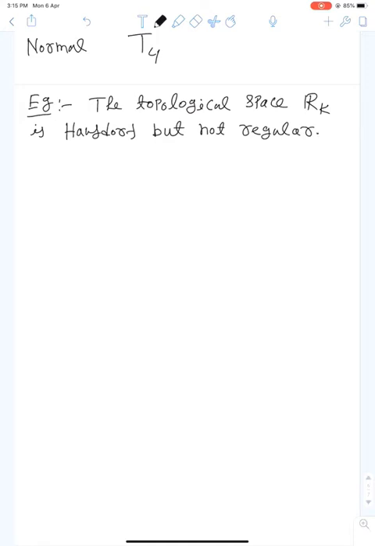First recall what the topological space RK is.